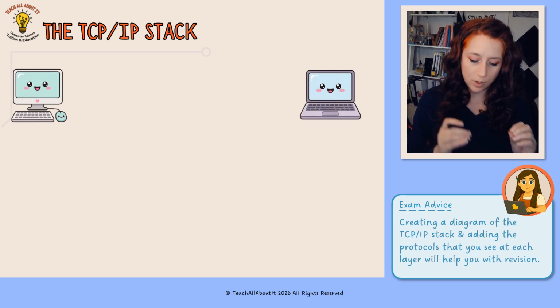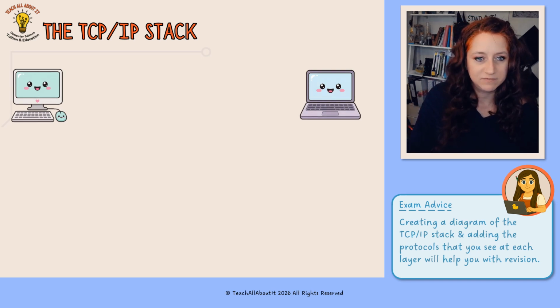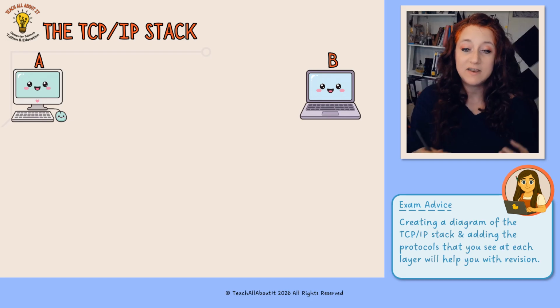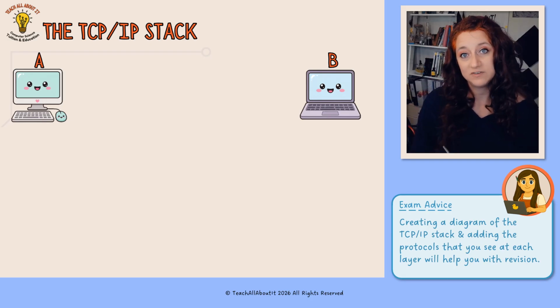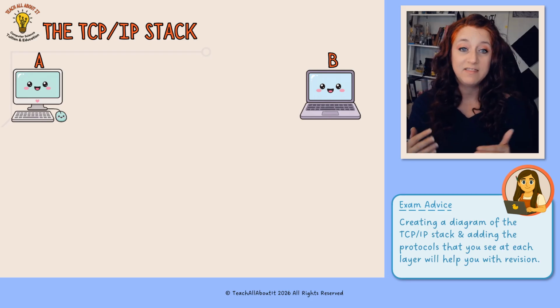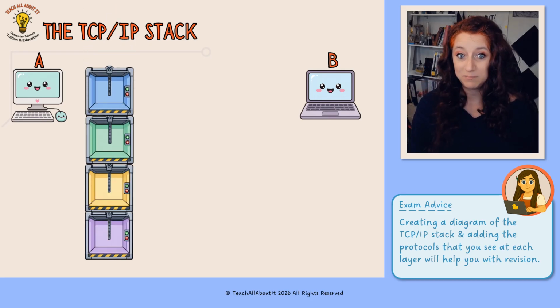Now, the whole point of this is that we have person A over here, and we have person B over here. Person A is going to send some data over to person B, and in order for it to go from their device all the way over for person B to be able to see it, they need to use the TCP IP stack.